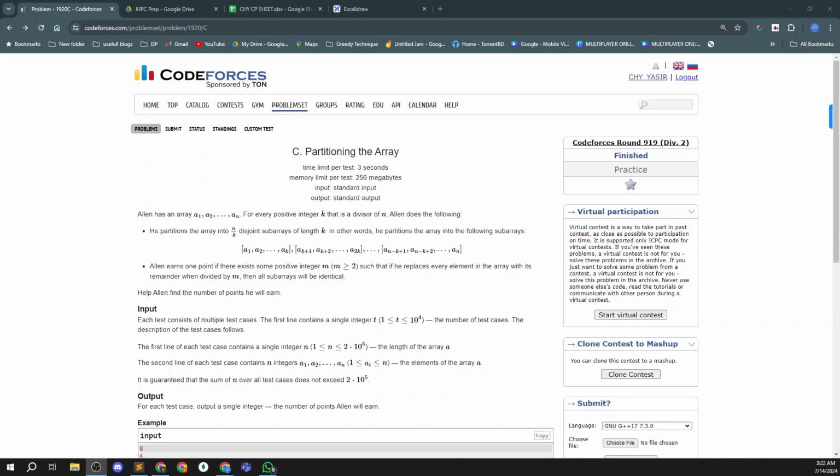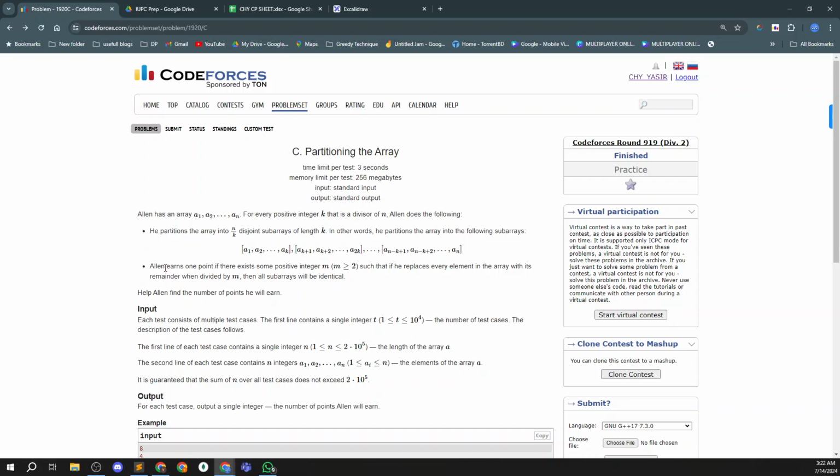In this problem, we are given an array of n elements, and for every divisor of n, let's say a divisor is k, we have to divide the array into n by k subarrays of length k.